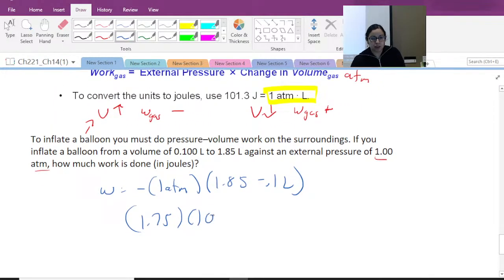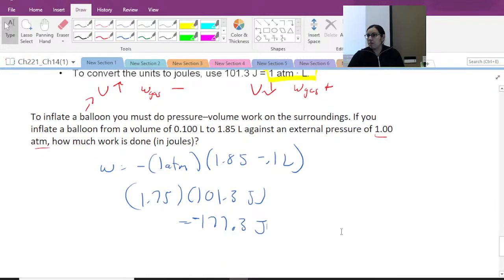Sorry, just writing that out. And again, make sure it's negative. I'll just round it to about negative 177.3 joules. All right, questions about this problem?